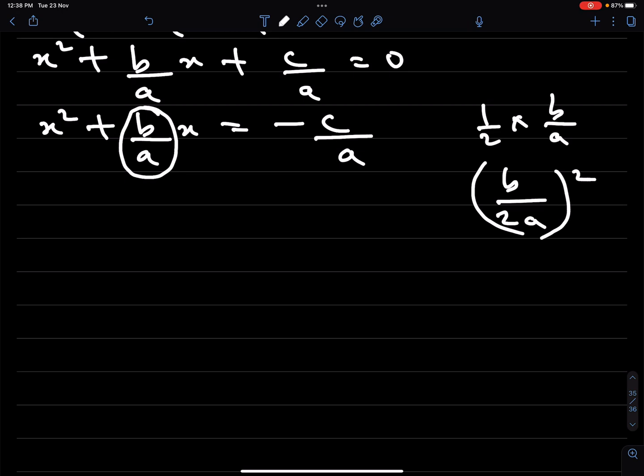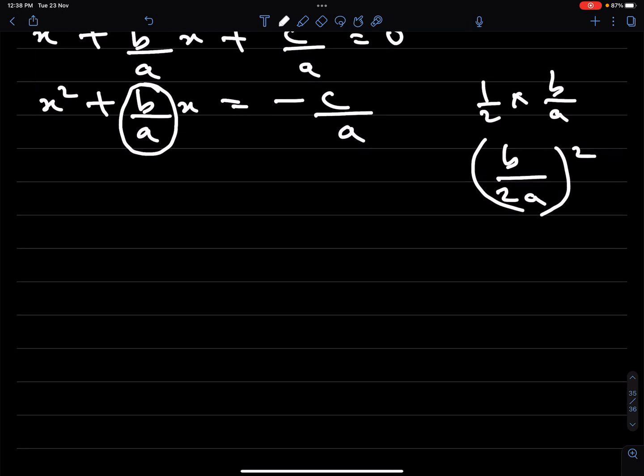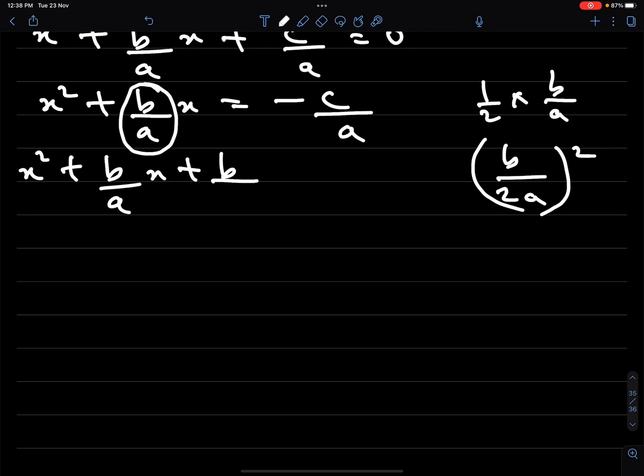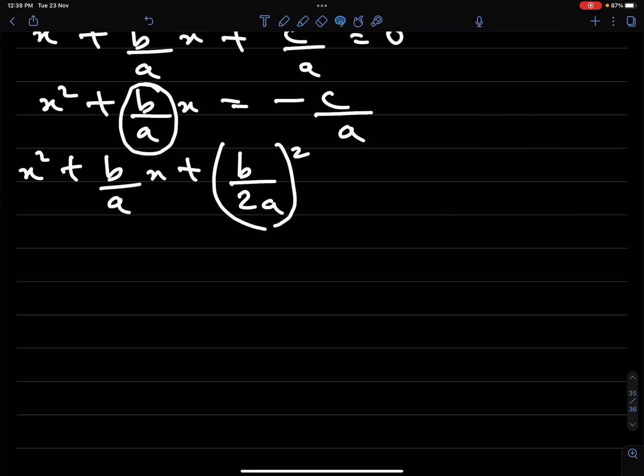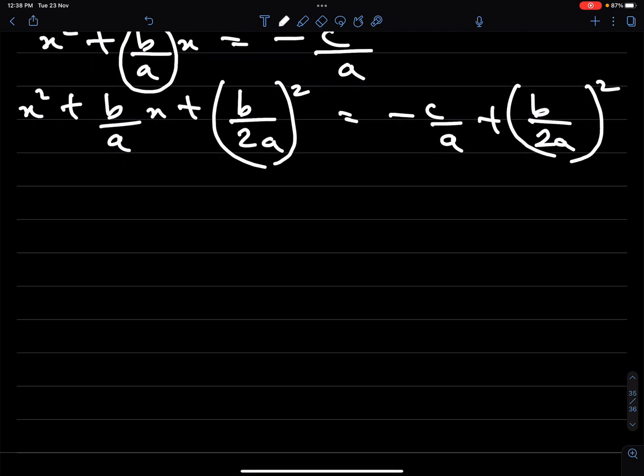That means I'm adding the square of b over 2a to both sides, and that's going to give me x squared plus b over ax plus the square of b over 2a equals minus c over a plus the square of b over 2a. That's what I'm adding to both sides.